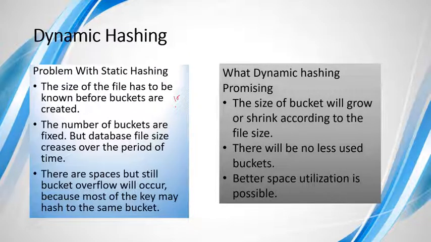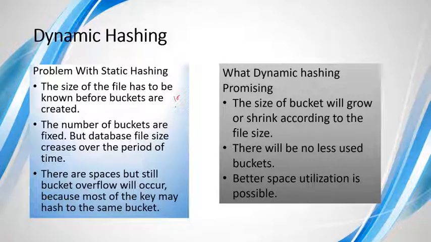Another problem is that the number of buckets is fixed, but the database file can grow over a period of time. So when it grows, we need to add a few more buckets. So that is the problem with static hashing.